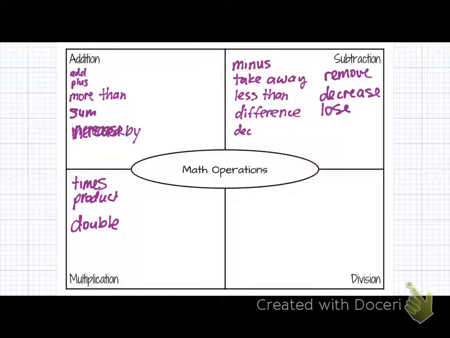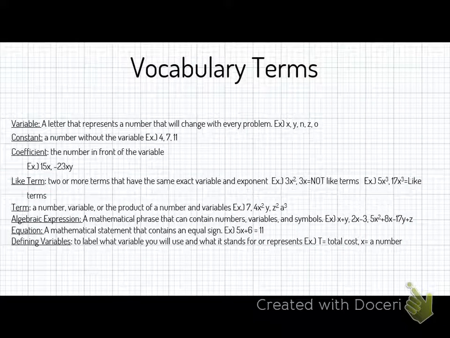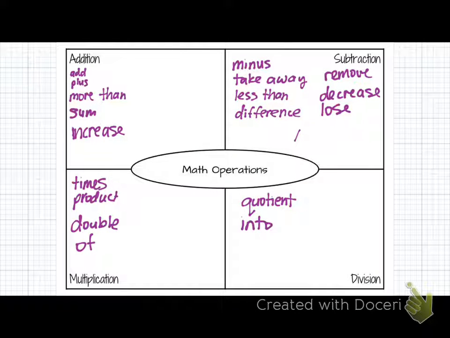Fix this a little bit. Okay. And then we also have quotient and into. Oh, sorry. And of. Quotient and into are also division words, and for multiplication, if you see the word of, usually that means multiply. Like if I say 36% of 20, then I'm going to do 36% times 20.